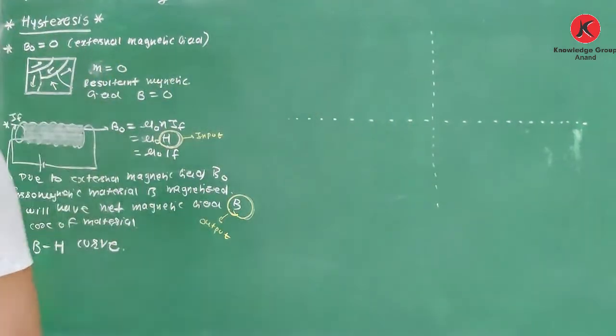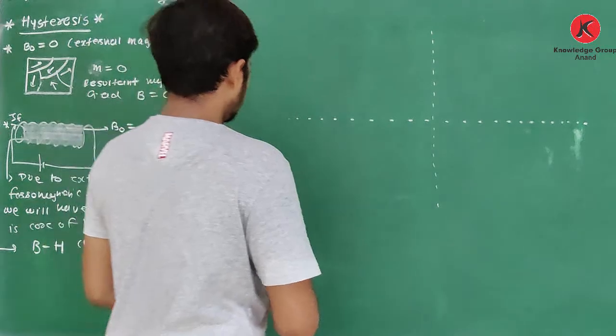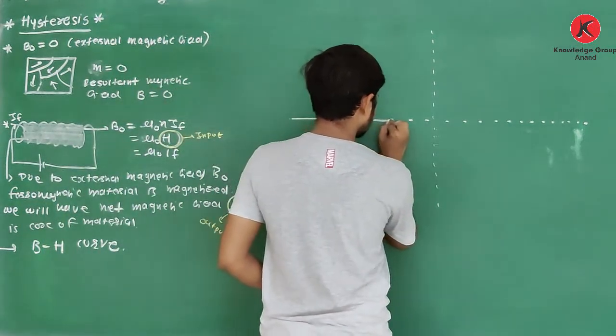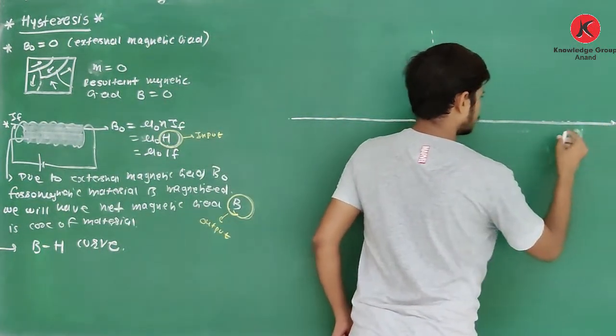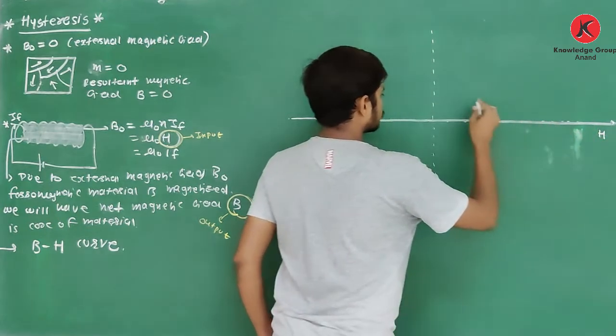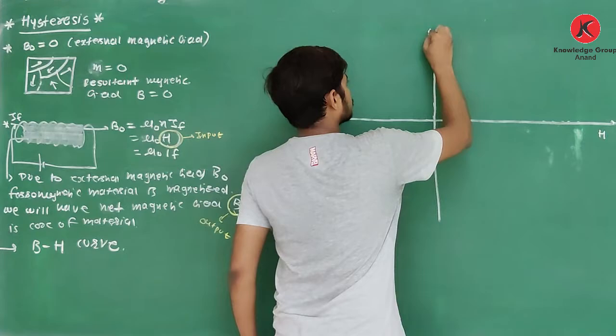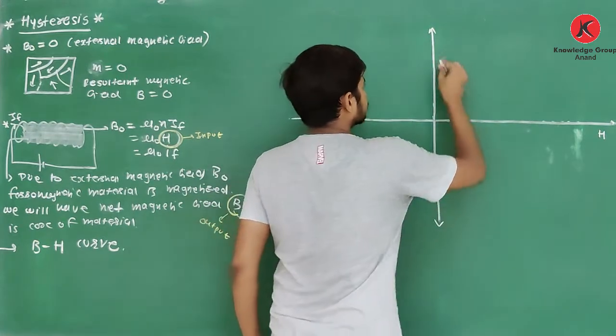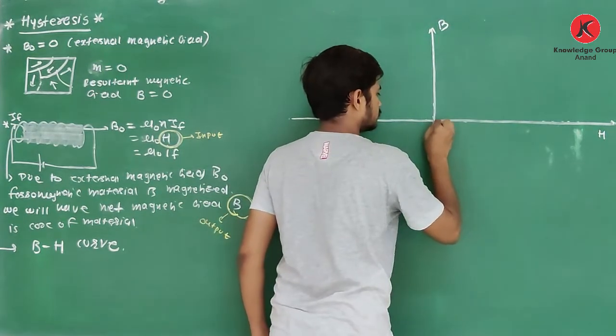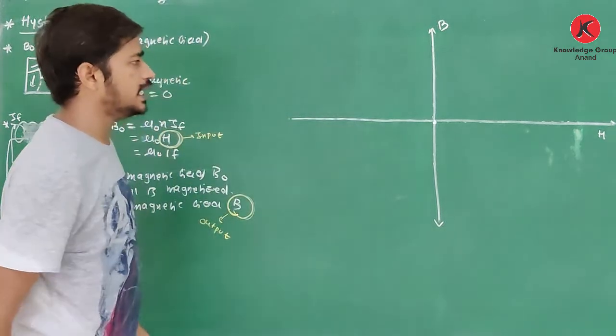Let this axis be H. This is B. So it is the BH curve.